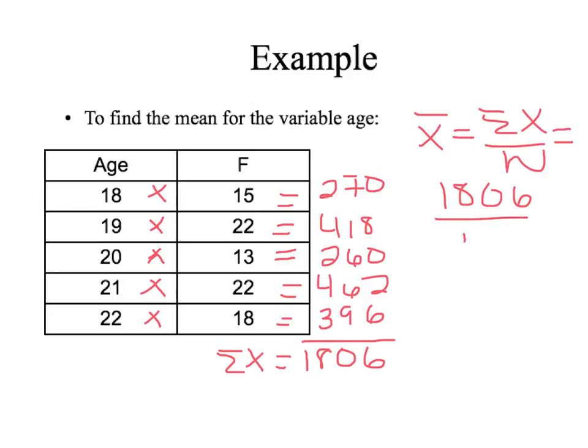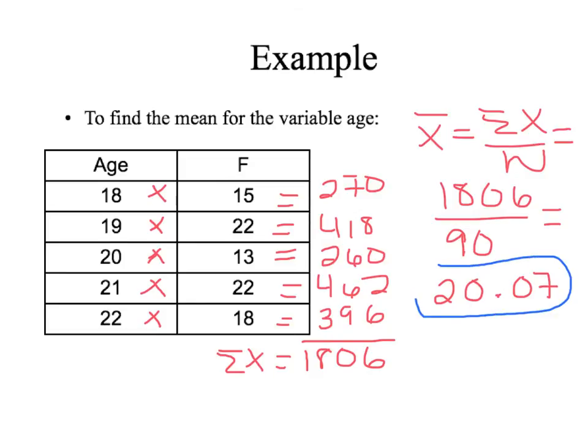And so we're dividing that 1806 by 90, and that's going to give us a mean of 20.07. So our average for this group of responses is 20.07 years. And so that's how we would calculate the mean when using a frequency distribution.